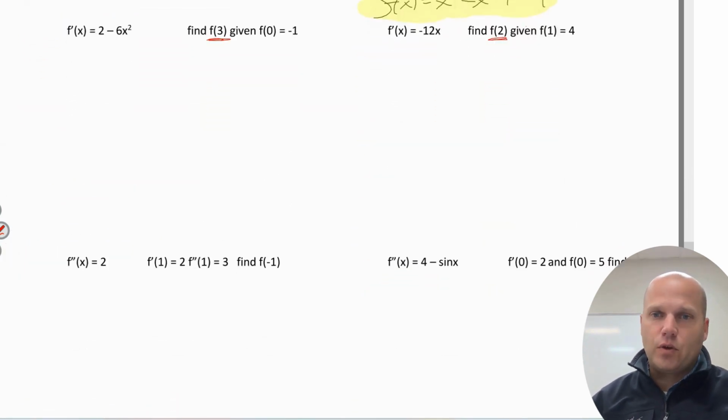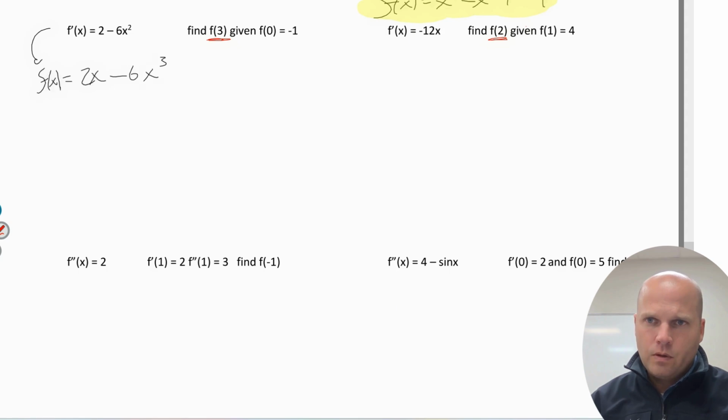Now, that's very important for the next ones where you're actually asked to find f of 3 or f of 2. You go backwards, and every time you go backwards, you need a plus c. So I get 2x minus 2x cubed plus c.